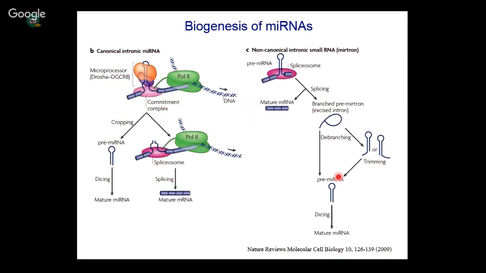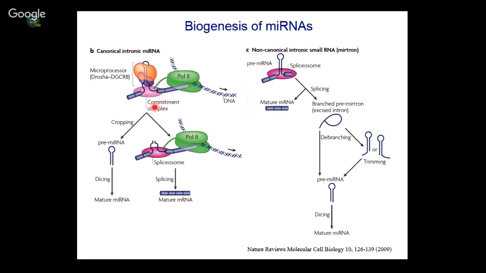So those canonical microRNA pathways can also happen simultaneously with splicing, like the canonical intronic microRNA. It was processed by the Drosha complex and cropped to generate the pre-microRNA.